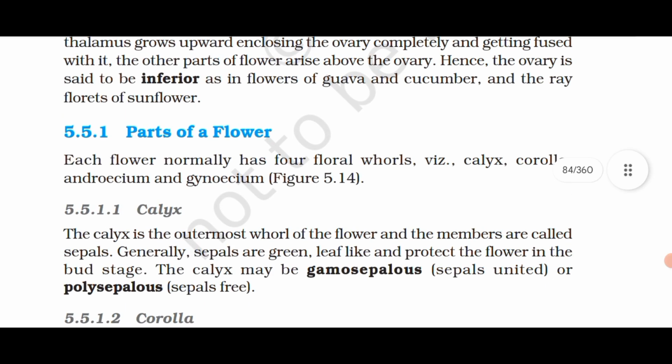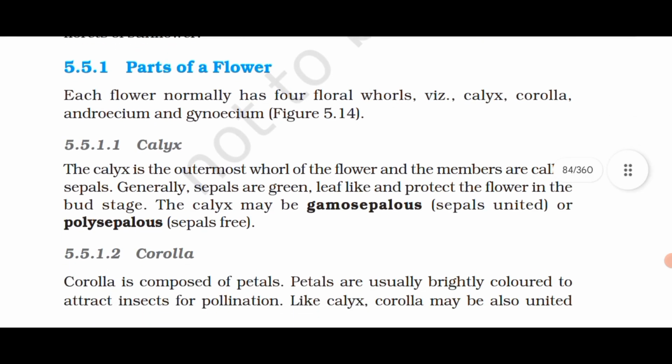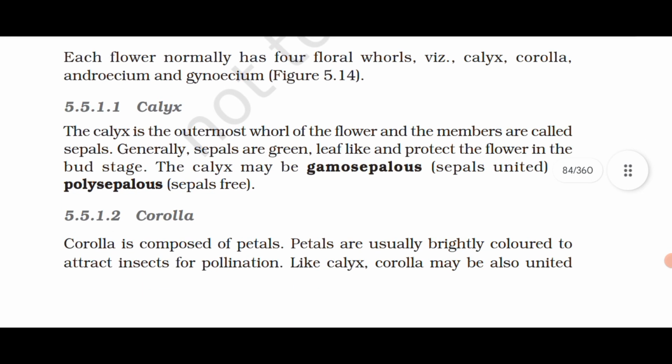5.5.1 Parts of a flower. Each flower normally has 4 floral whorls, viz. calyx, corolla, androecium and gynoecium. 5.5.1.1 Calyx.